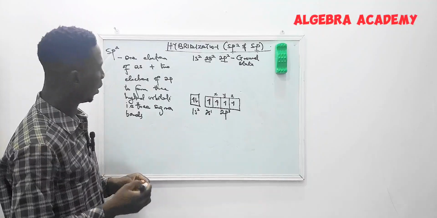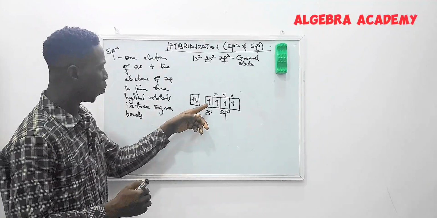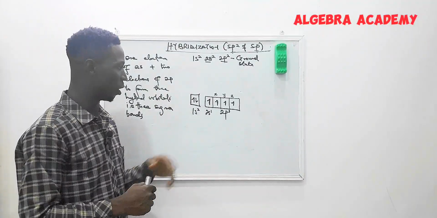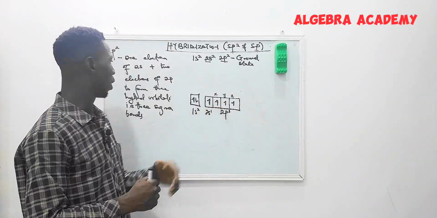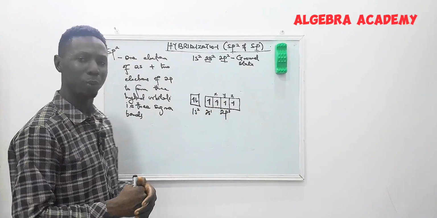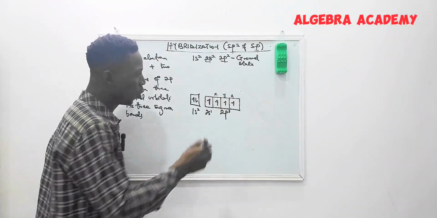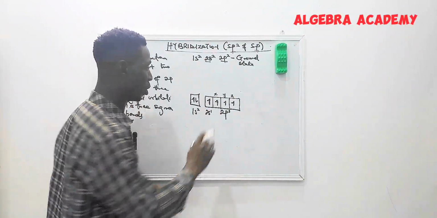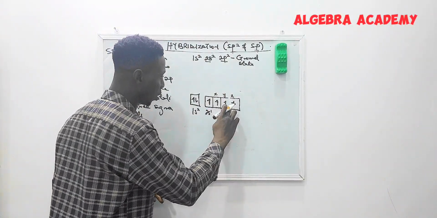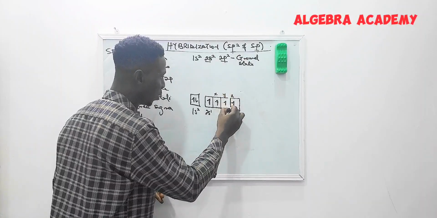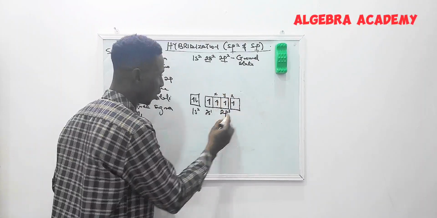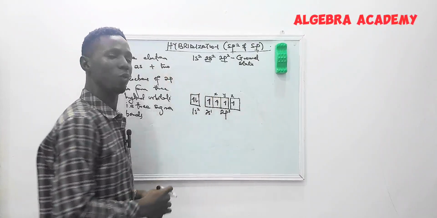Now, if we need 1 electron from 2s and 2 electrons from 2p, that means one of the p's will not be participating in the bonding. It means we are going to remove 1 p. Conventionally, we remove z, so that we have x and y with 1 electron from 2s.